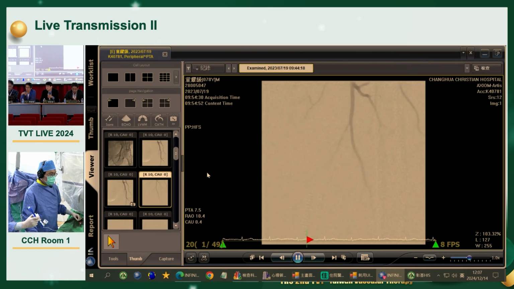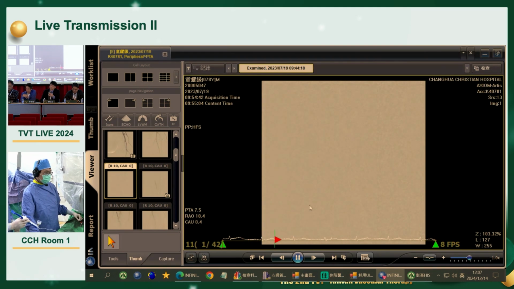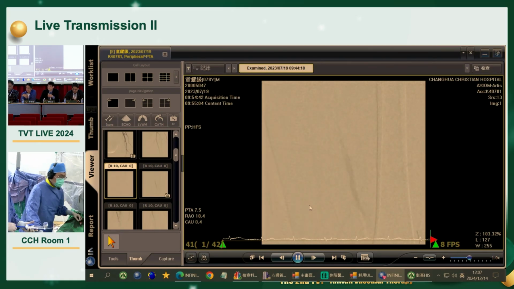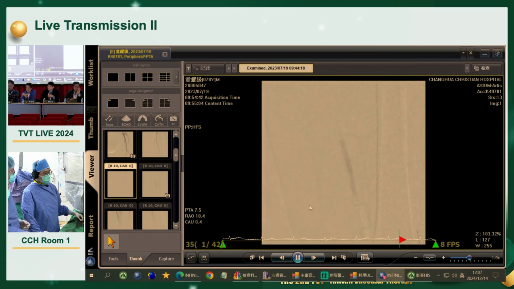Next. Next. This is distal femoral. So this lesion, proximal to distal femoral, or restenosis, even severe occluded, totally occluded.